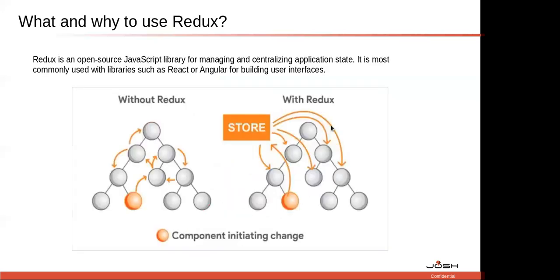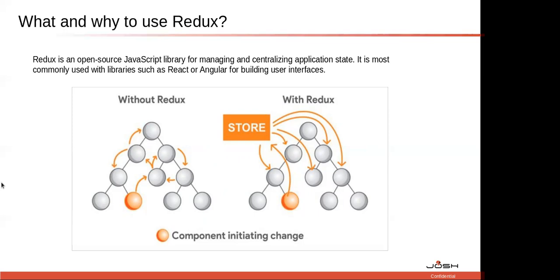Here in the slide, you can see the difference between with Redux and without Redux. So what is Redux? Redux is an open source JavaScript library for managing centralized application state. It is most commonly used with libraries such as React or Angular.